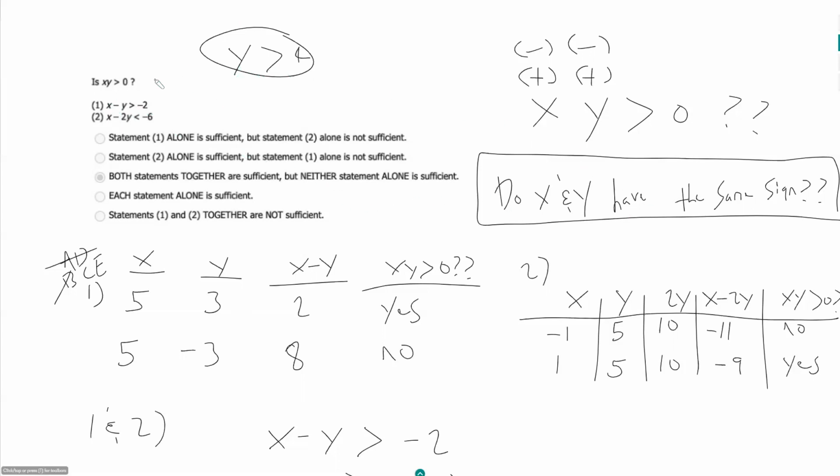So based on that, x can't be negative, so it has to be positive, meaning together we know x and y are both positive, and they are sufficient. C. That's kind of a tricky one, though.